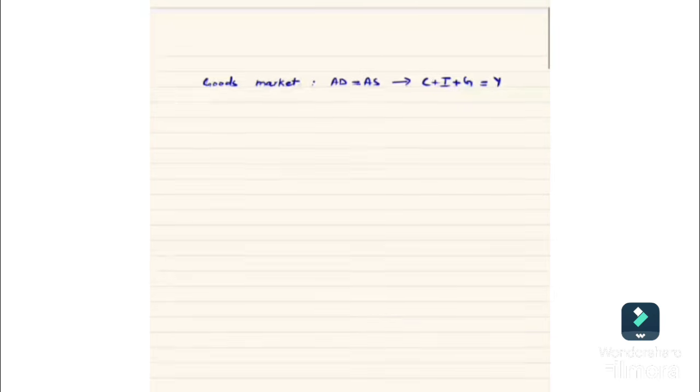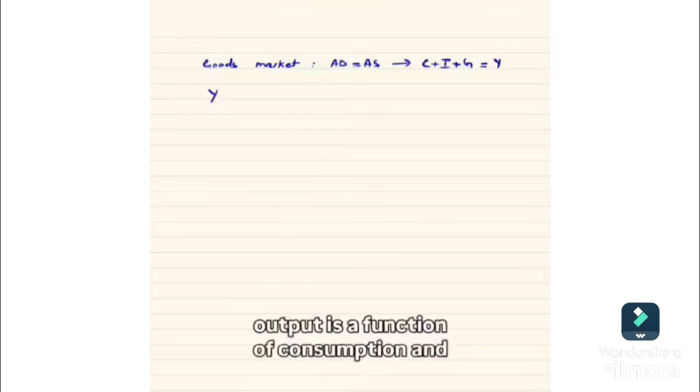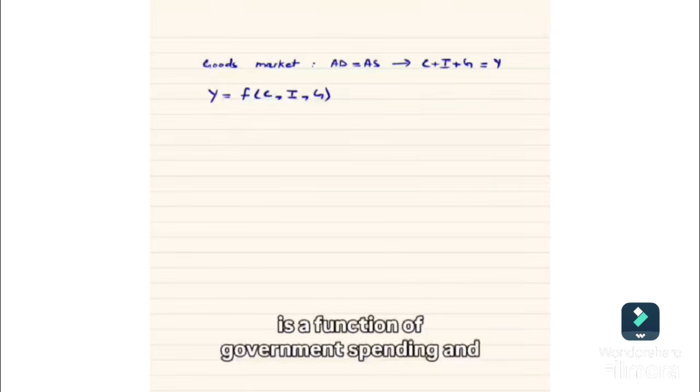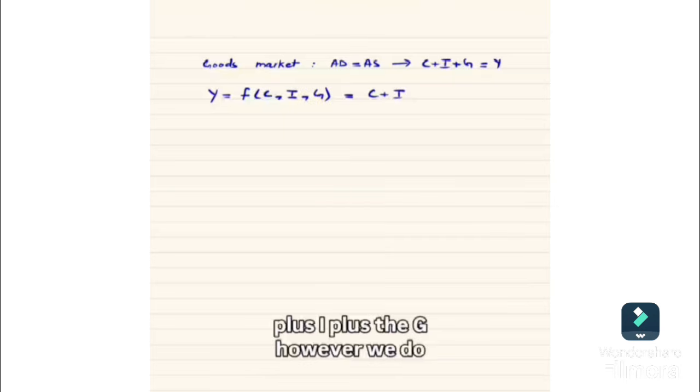So if I write it like this, output is a function of consumption, investment, and government spending. And what is the relationship? C plus I plus G.